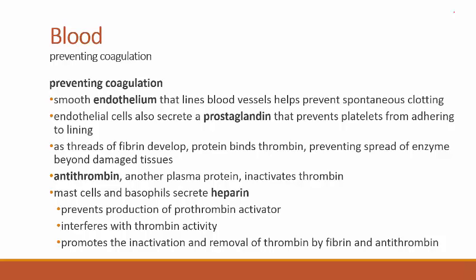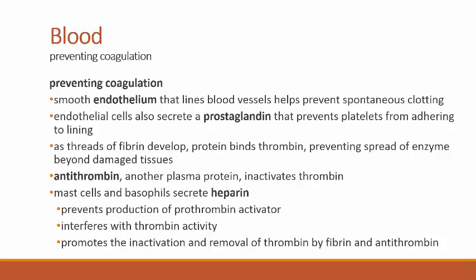So that endothelial lining inside the heart and inside the blood vessels, its smoothness, it's a single layer of epithelial tissue, and it prevents clotting just because there's no place for the blood to get kind of hung up on. And those endothelial cells are secretory, and they produce a prostaglandin that helps to prevent platelets from adhering to the lining. So again, there's some hormonal type control, prostaglandin control there.